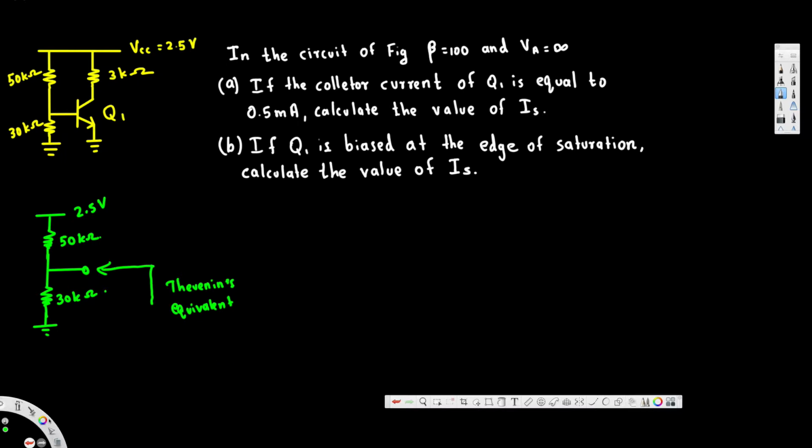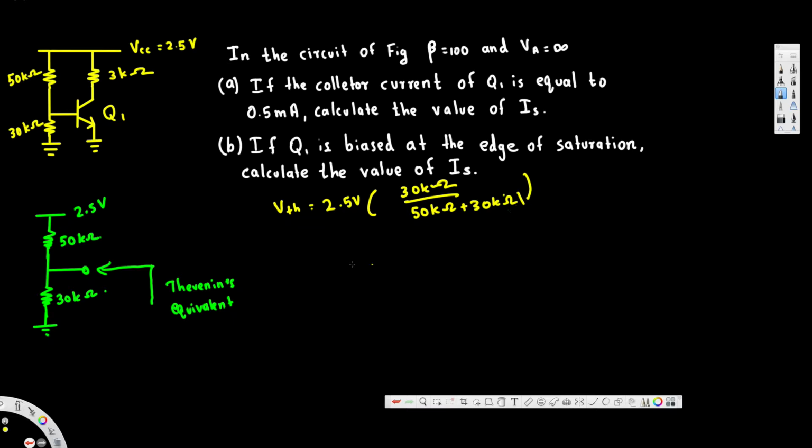Now let's go ahead and calculate VThevenin. VThevenin is basically 2.5 volts multiplied by this voltage division. If you want to calculate the voltage across the 30 kilo ohm, we have to put that one on the top, and the addition of both, 50 kilo ohm plus 30 kilo ohm.